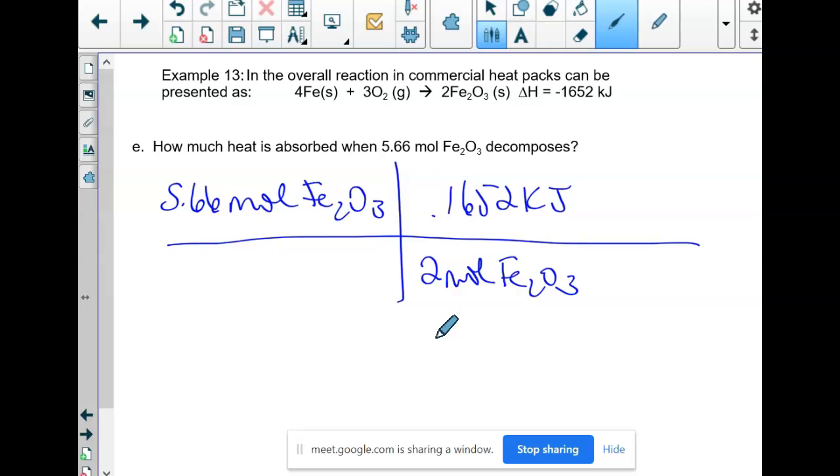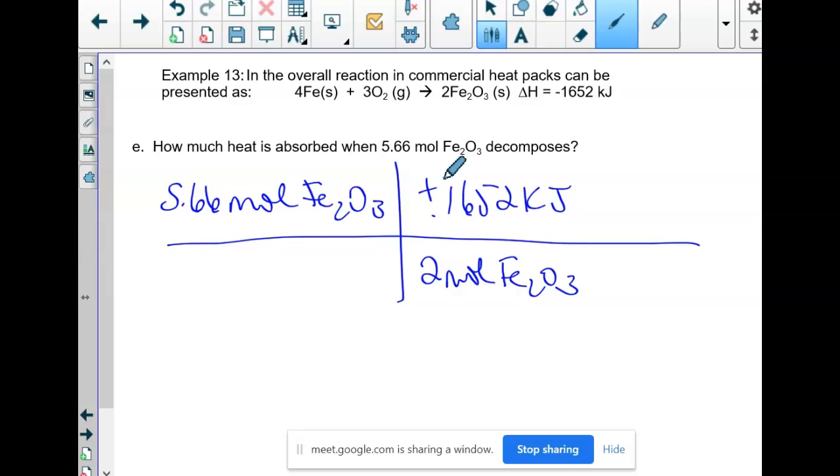Now, looking at the wording of the problem, it says Fe2O3 decomposes. Decomposes means breaks down. Does the reaction with the delta H as a negative show iron oxide breaking down? Or would we have to reverse? We would have to reverse. Does everybody see that? So that means we're going to put a positive 1652 in here, because the reverse reaction we would assume would give us a positive.